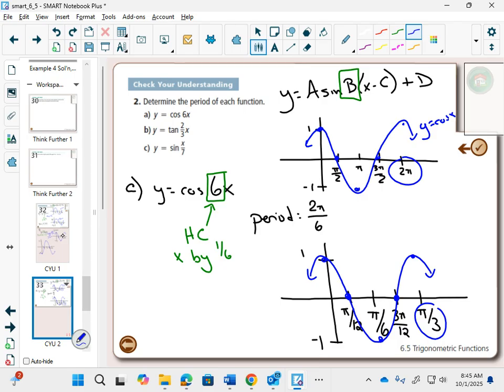And we notice that whereas the A value changed your amplitude, your B value changes your period. The letter P and the letter B are very close, so I think they sound similar. I don't know if that's going to help you remember, but your B value affects your period.